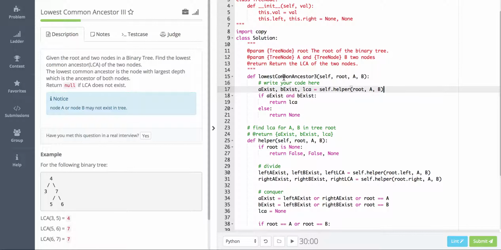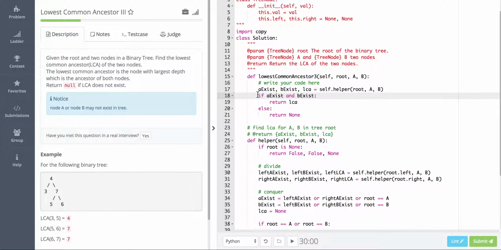Lowest common ancestor 3, so this is the entrance, and this is the given tree node. This is the node A and B. We don't know if A and B exist in the given tree. We wrote a helper function, and this helper function is going to do everything. The helper function is going to tell us if A exists in the current tree, if B exists in the current tree, and return the LCA of A and B. And for the caller, our main function, we're going to check if A exists and if B exists.